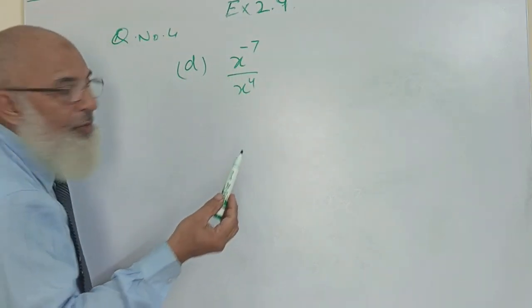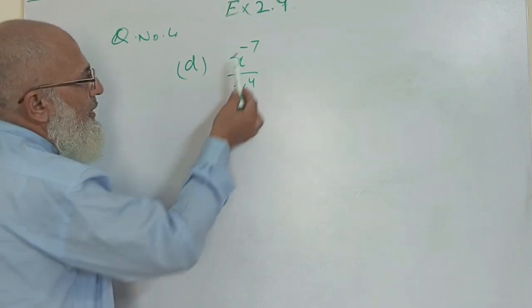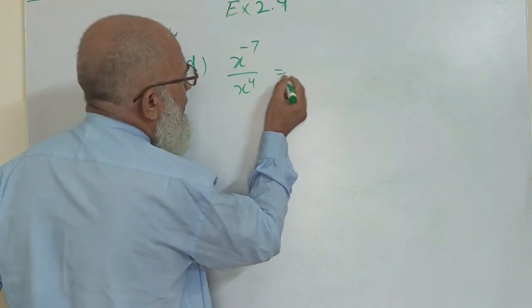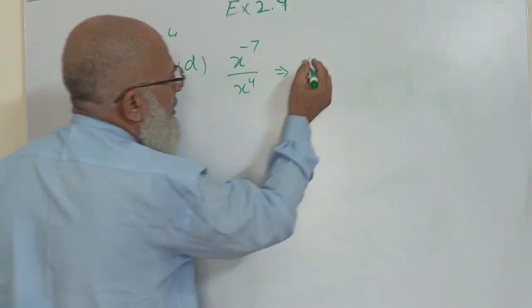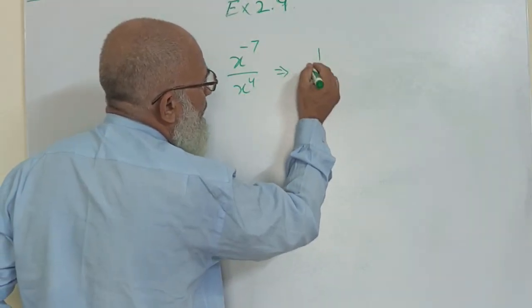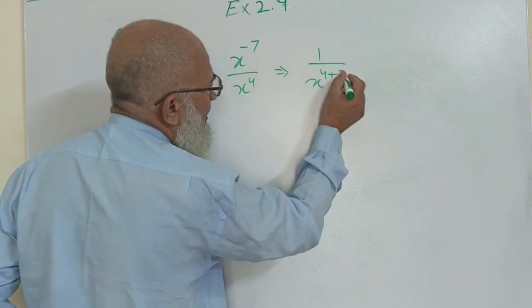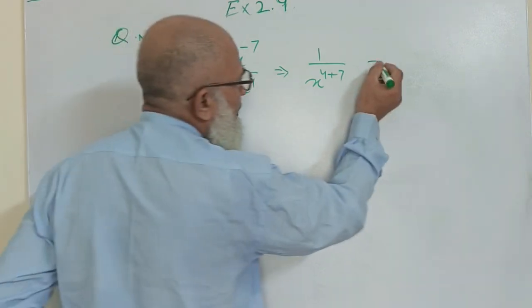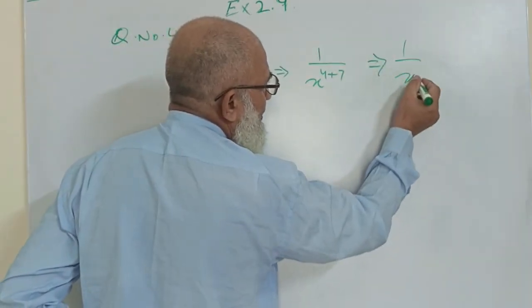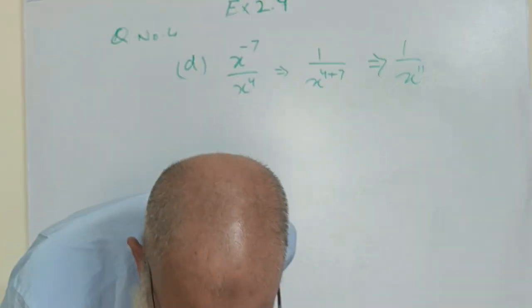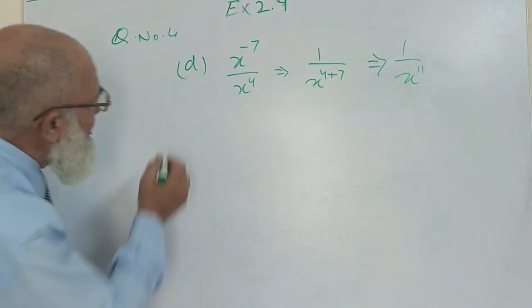Now since we have to bring it to positive indices, what will we do? We'll bring this into denominator, so it will become x 4 plus x plus 7. So the final answer will be 11. That's very much easy. Part E.